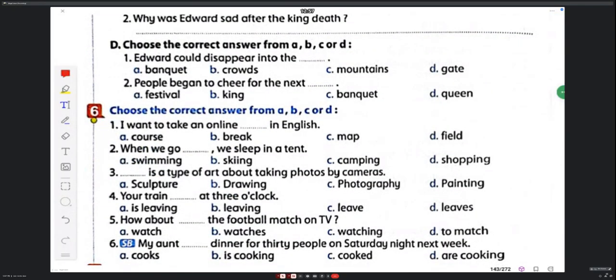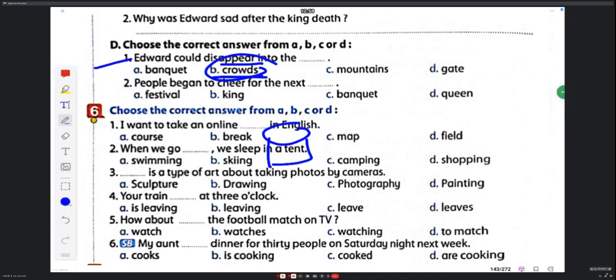Okay, Edward could disappear into the crowds, in the middle of the people. He could disappear because John Canty took a mug to drink during the crowd.